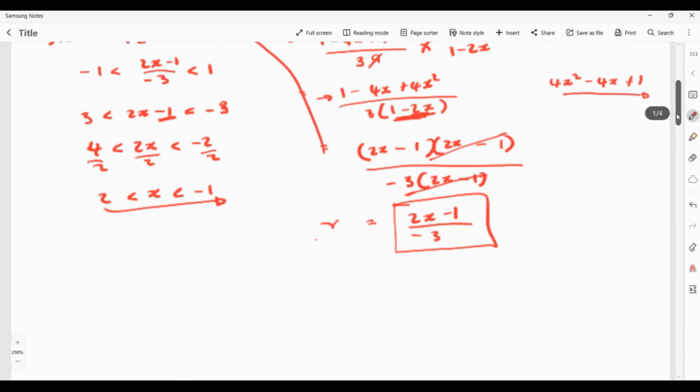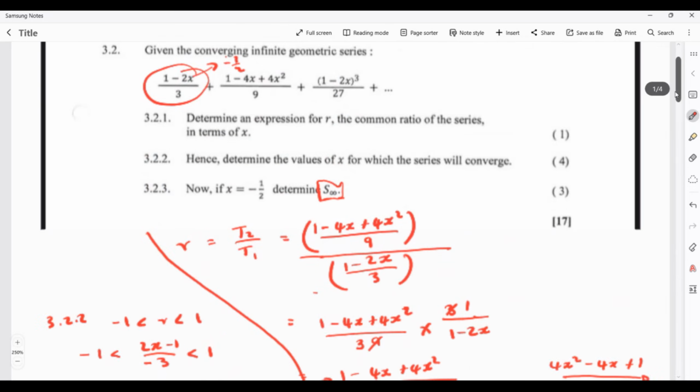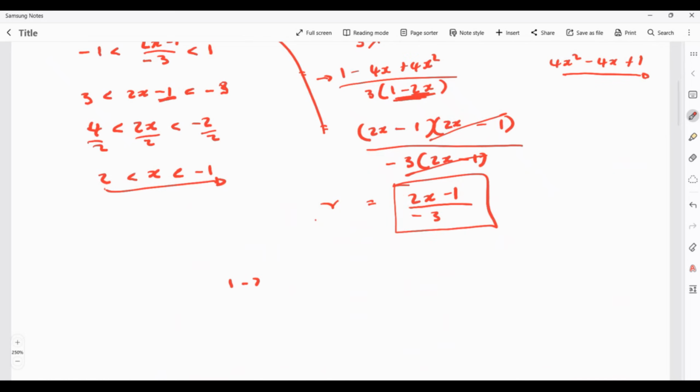So when I come and say 1 minus 2 into negative 1 over 2, divided by, is it divided by 3? Yes, divided by 3. What do I get? I get 2 over 3 over there, if I'm not mistaken. Let me verify.